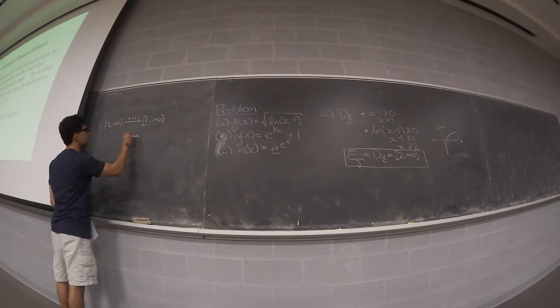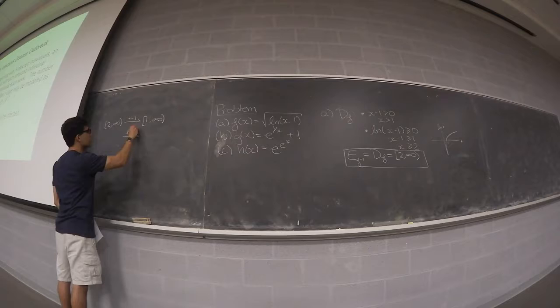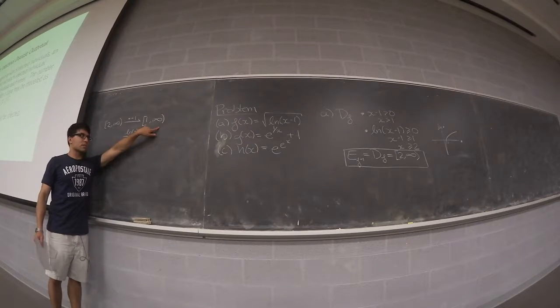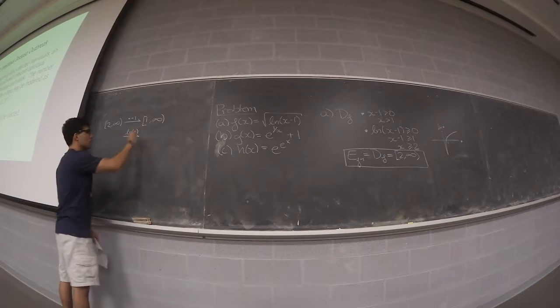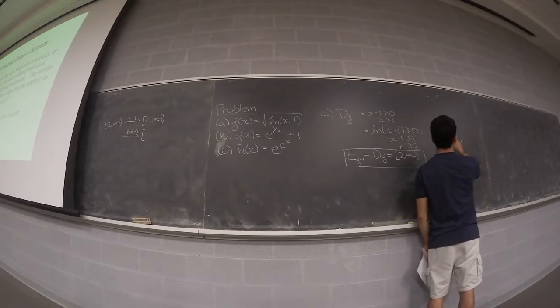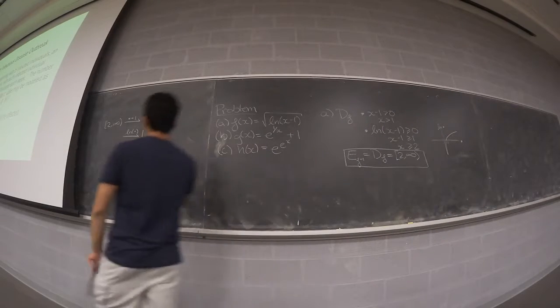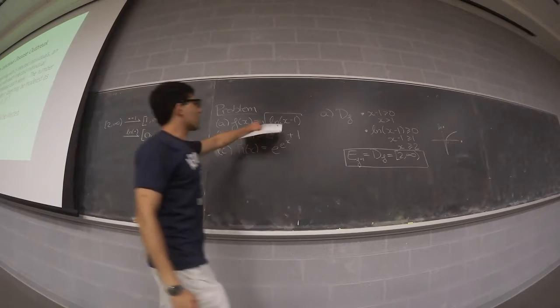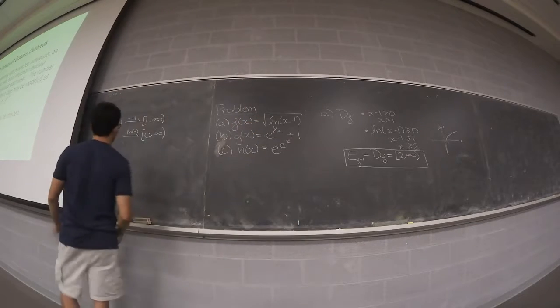Ln, so if I take the ln of these kinds of things, what happens if I take the ln of something that's 1 or greater? I get 0 or greater. What happens when I take the square root of something that's 0 or greater?